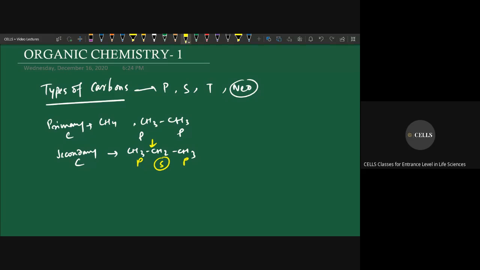What about tertiary carbon? Tertiary is just like this: CH3, C, CH3, H, CH3. This carbon is a tertiary carbon.